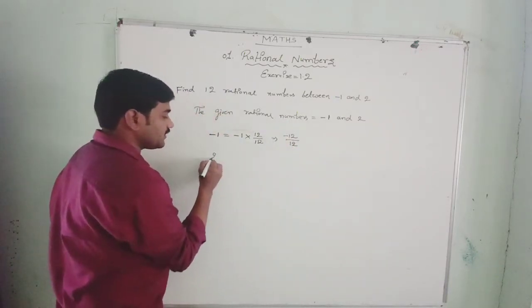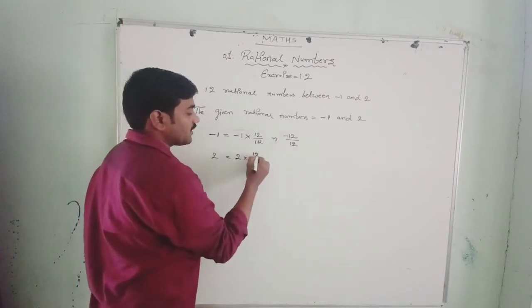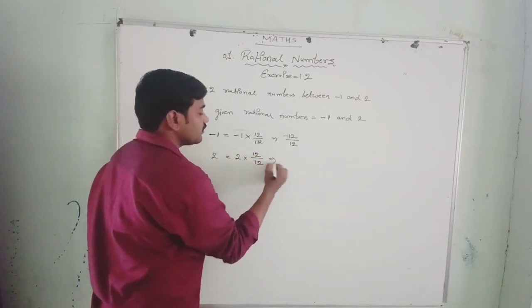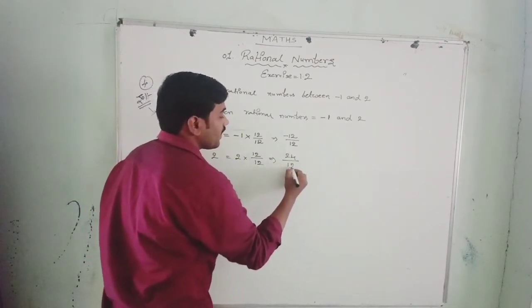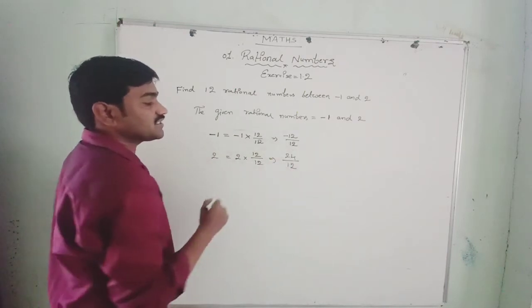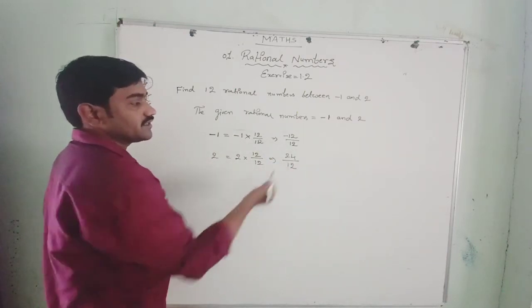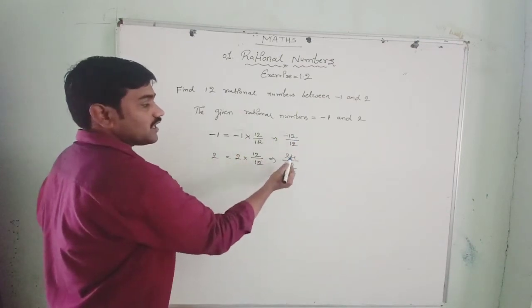Then 2 we will take. 2 we write as 2 into again 12 by 12. 2 into 12 is 24 by 12. The given numbers we made with equal denominators, like 12 by 12. Here minus 12 and plus 24.